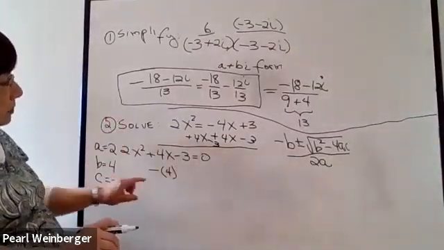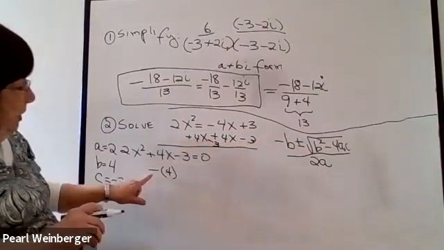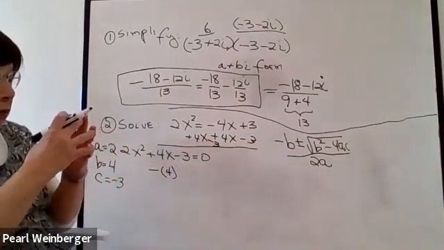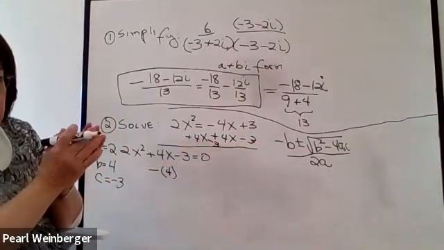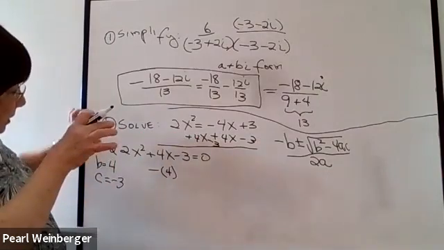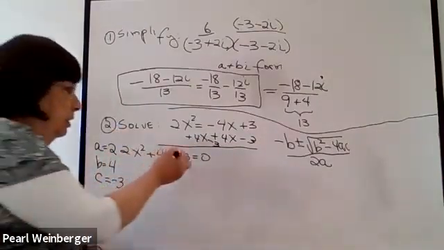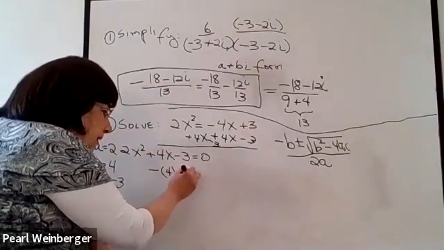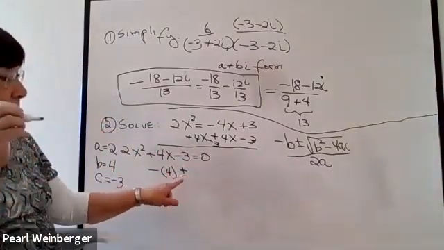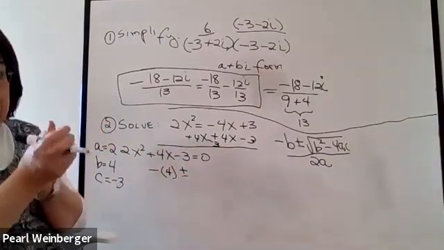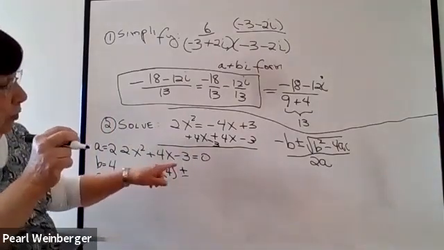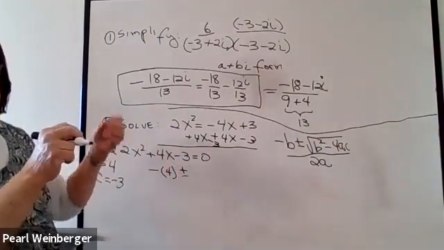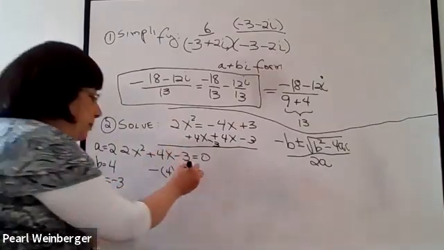So going back to this, we're doing negative b, so that's negative the 4. What I'm doing is, wherever I see a letter, I'm putting a parentheses and filling it in with the proper number. Then we have this plus minus. Remember what that means. It means that there are two answers that we can get, one when we do plus and one when we do minus.